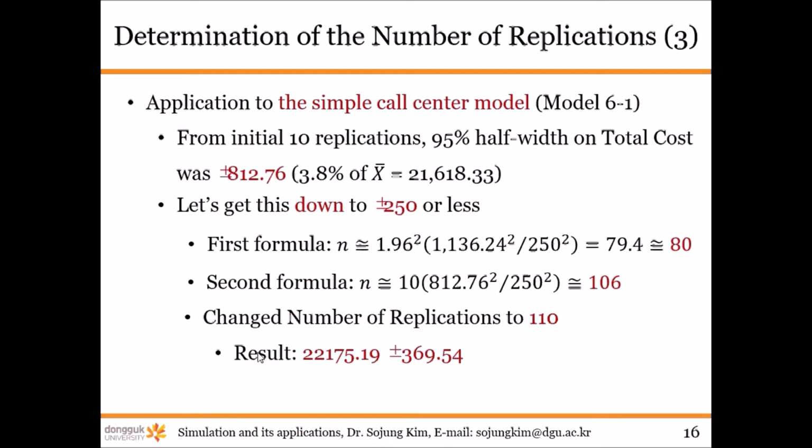So here is an example. When you run the simulation model 6-1, let's say you use this model and make 10 replications. The 90% half width on total cost of this model is approximately plus or minus 812.76, and the mean value is more than 21,000, about 22,000, something like that.